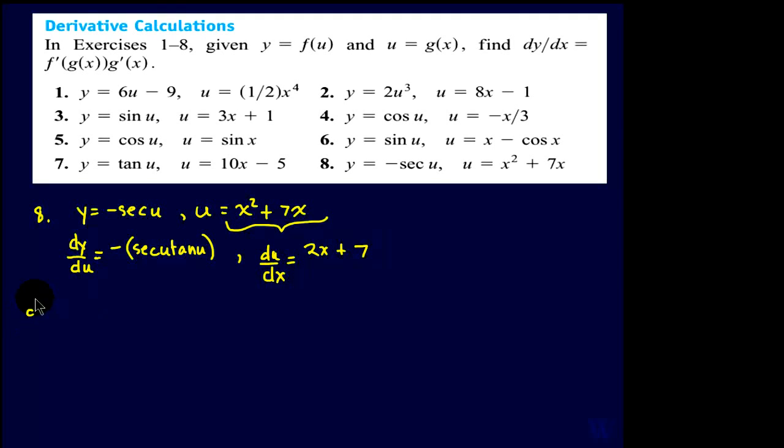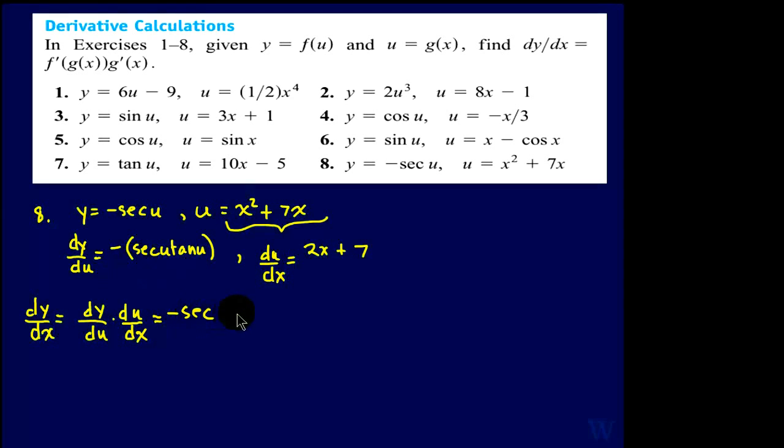So now I want to get dy by dx, and so I take the derivative of y with respect to its variable u times the derivative of u with respect to x. So it's minus secant u tangent u times 2x plus 7.